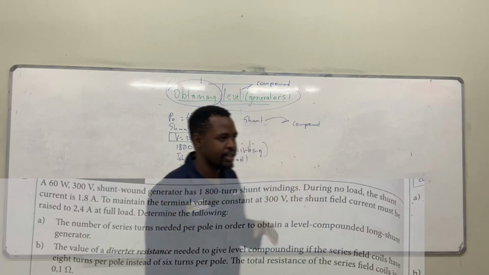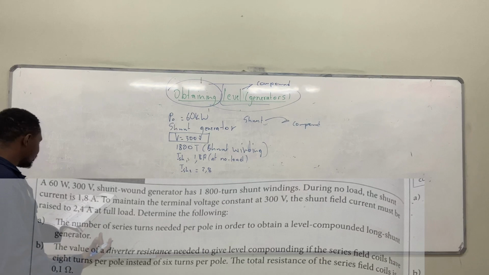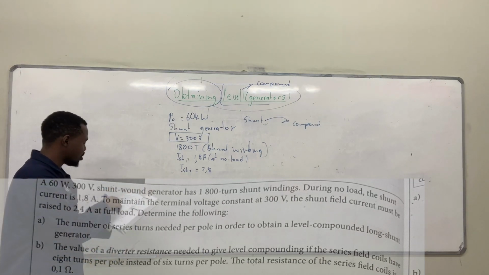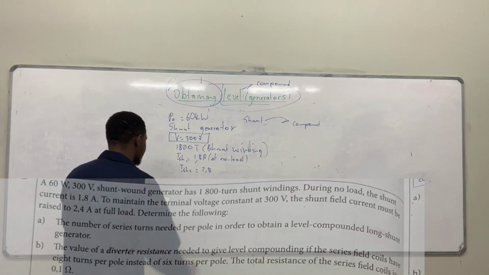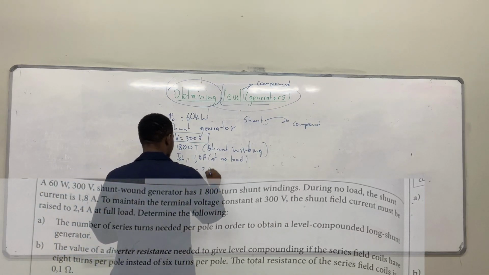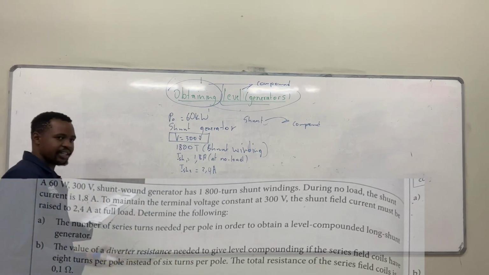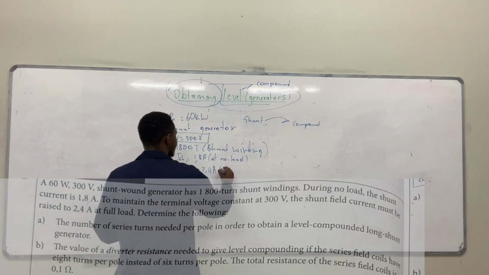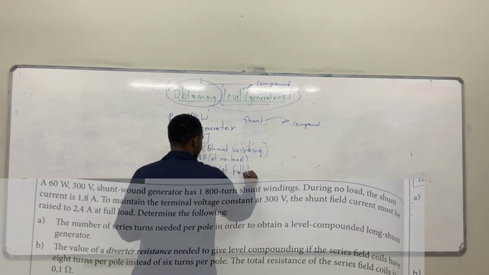That is why we do this. So to maintain that 300 volts, the shunt field current must be raised to 2.4 amps at full load.